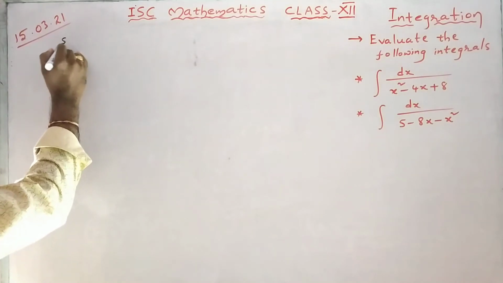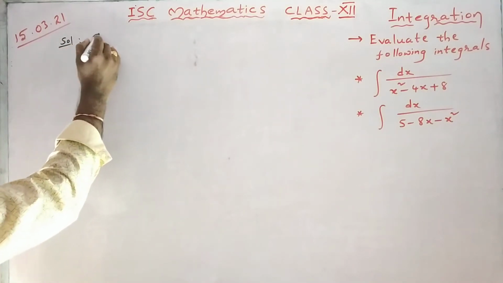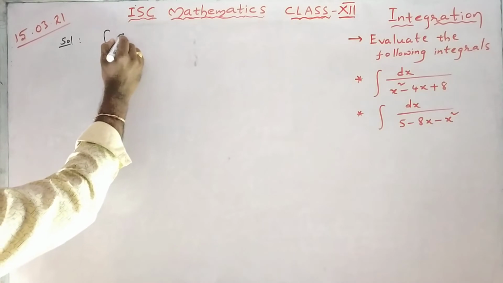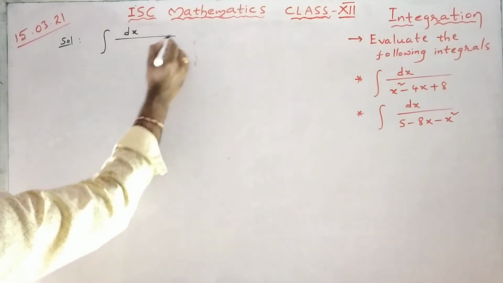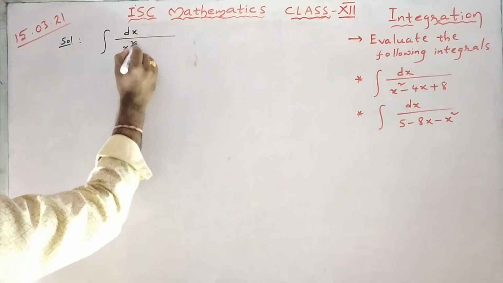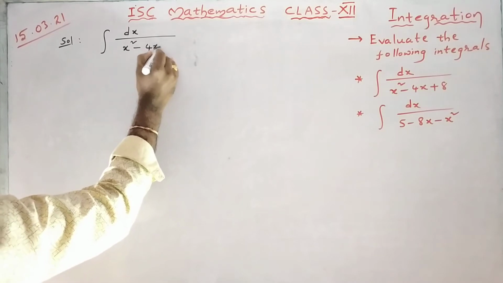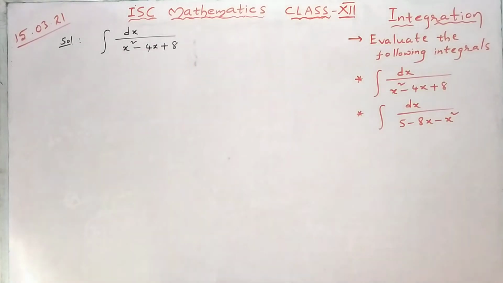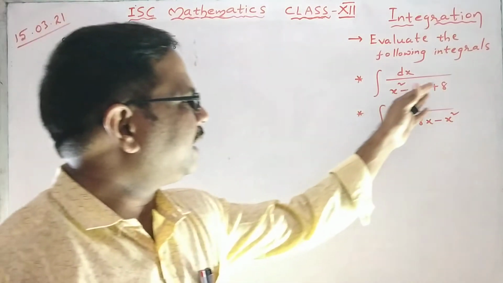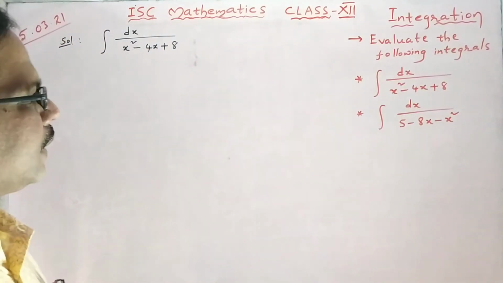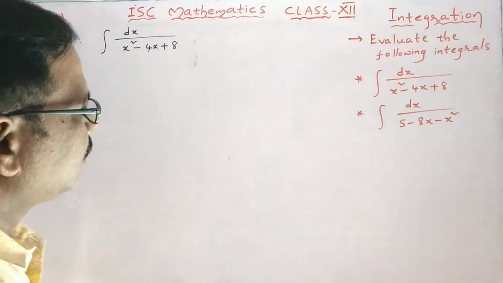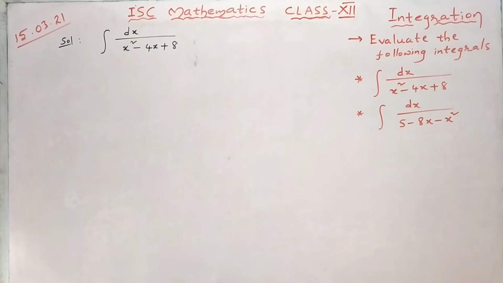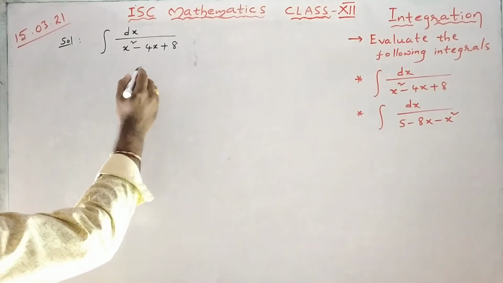First question, integral dx by x square minus 4x. Here onwards, if you have a quadratic expression in the denominator, we are going to factorize that expression. I'll tell you the procedure.